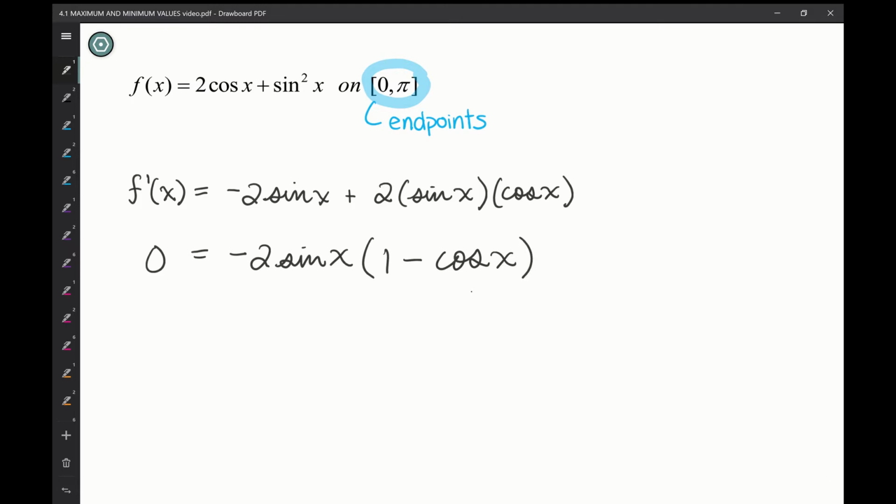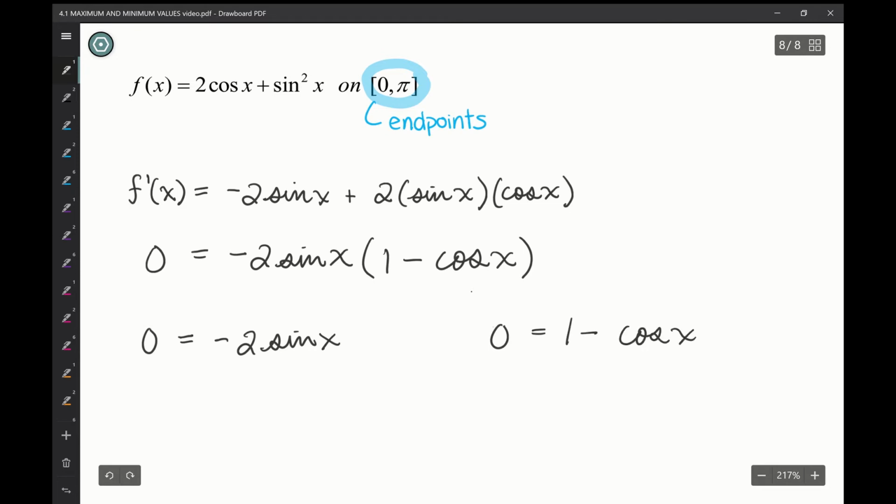Then I can use zero product property to solve each of these factors for x. So I have 0 is equal to negative 2 sine of x, and I have 0 is equal to 1 minus cosine of x. So this is dividing both sides by negative 2. 0 is equal to sine of x.